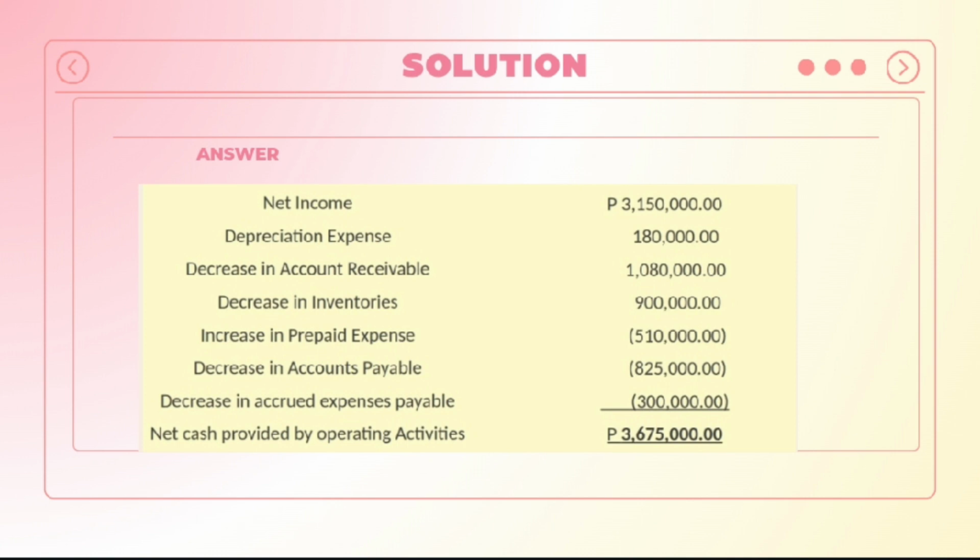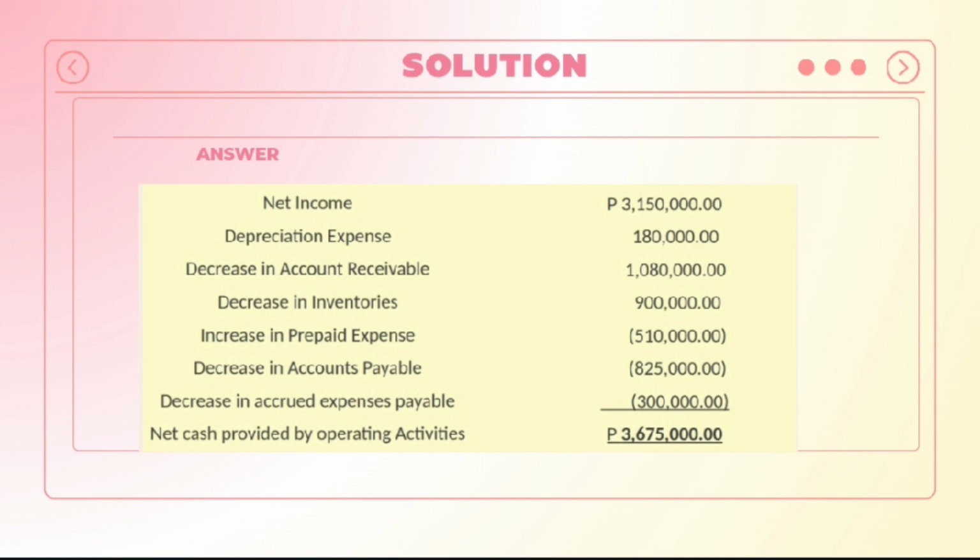Here's the solution. The net amount of cash provided by operating activities using the indirect method is calculated by adjusting net income for non-cash items and changes in working capital. 3,150,000, that is the net income, plus 180,000 depreciation expense, minus 1,080,000, that is the decrease in accounts receivable.